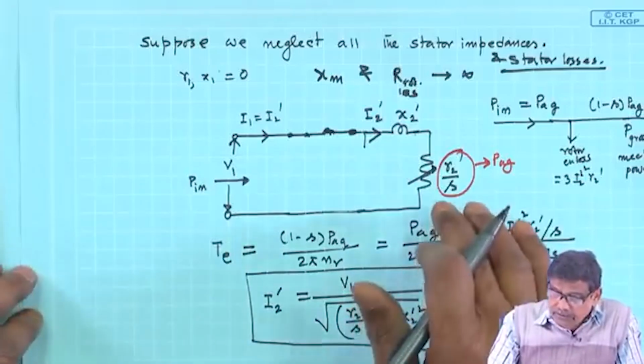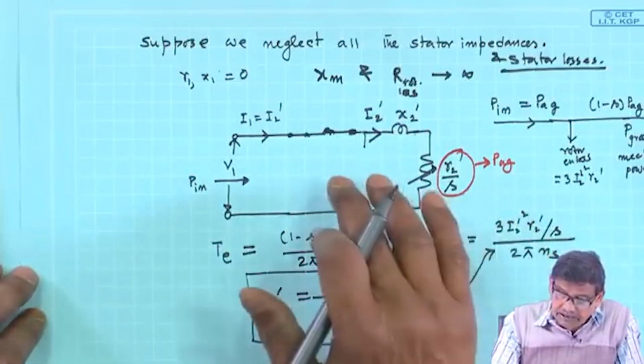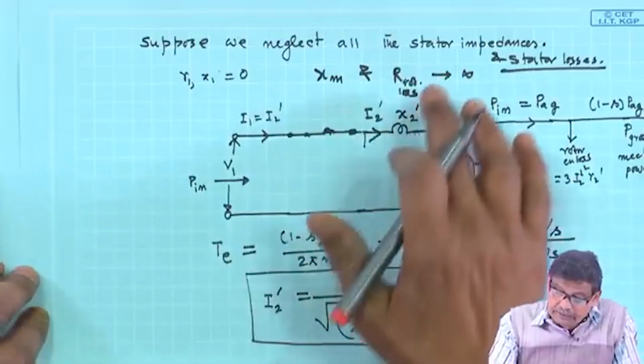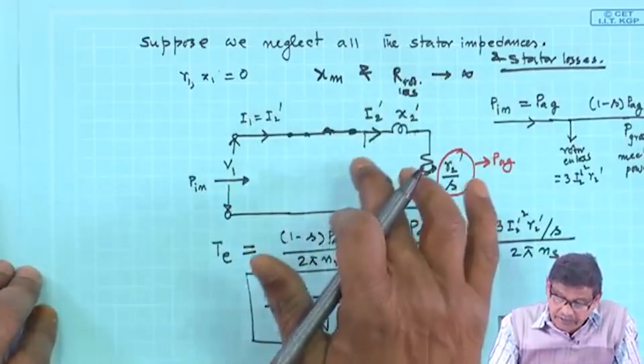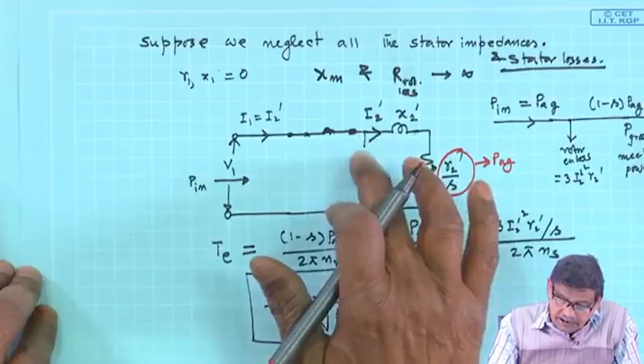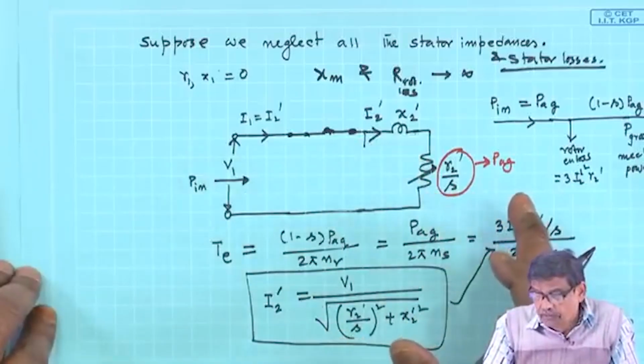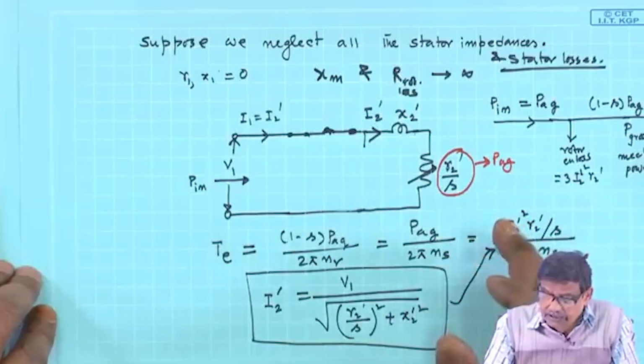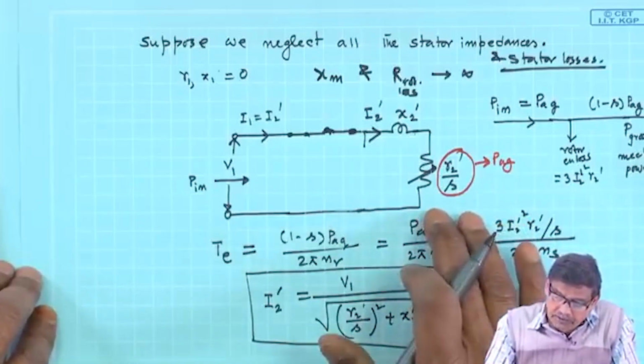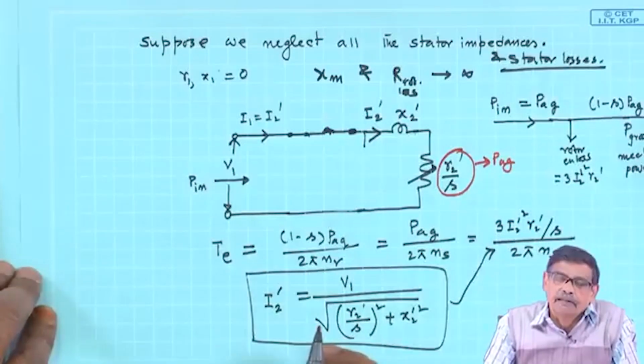So, we will continue our discussion with the circle diagram of a 3-phase induction motor. Why does it come? It is because I would like to calculate the performance of the induction motor at a given value of slip.